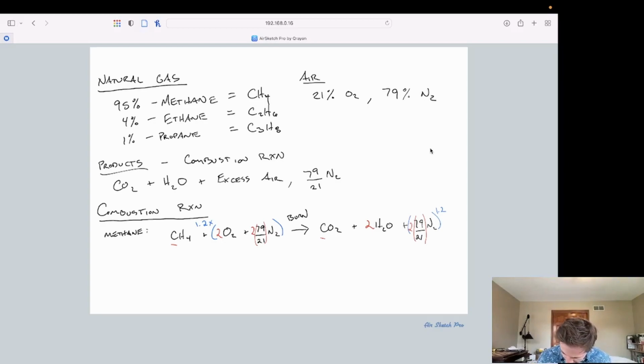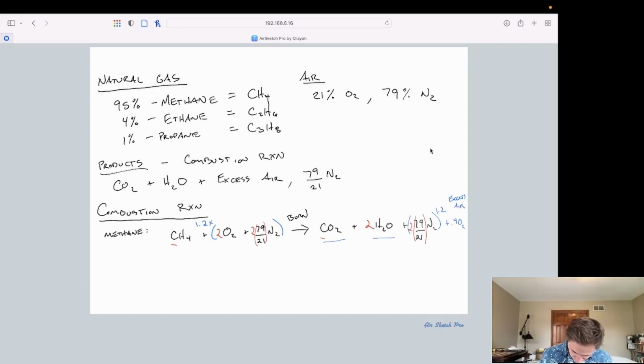If we've already accounted for some of our oxygen here and here, then with 20% excess air multiplied by our 2 moles of oxygen coming in as a reactant, that leaves us with 0.4 O2 as excess air. So everything in the blue here is compensating for our excess air coming into our mixture. So that is for methane.